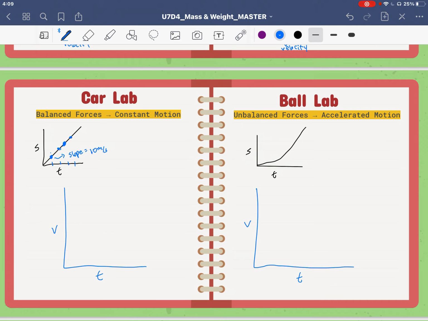So for every amount of time, we're going to get the slope. So at my time equals 1, my slope is 10 meters per second. At my time equals 2, my slope is still 10 meters per second.